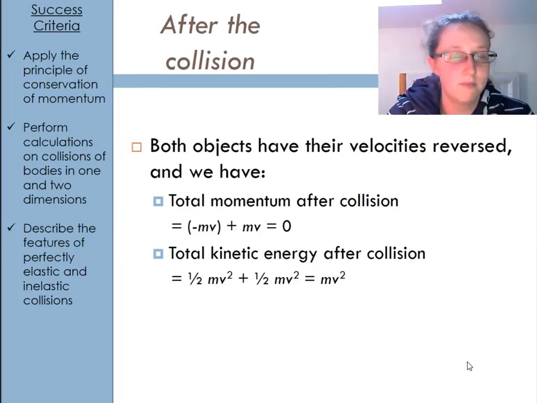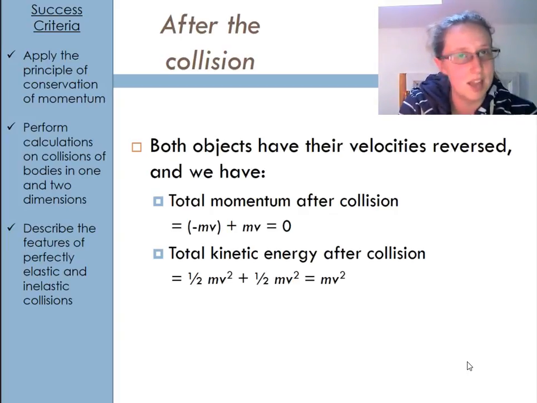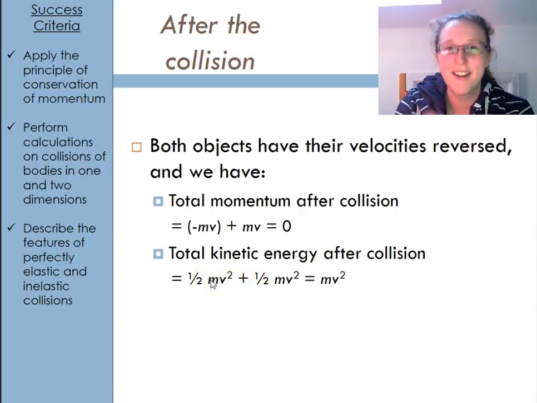After the collision, all that changed was the direction of their velocities. So if I add up their momentum, it's still going to be 0, because my first one now has minus v and my second one has v as its velocity, but that's all that's changed. So I still have momentum conserved. I also still have the same kinetic energy, because my first one is half m minus v squared, but minus v squared is the same as v squared because of how minuses work.